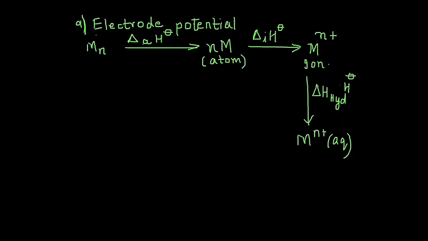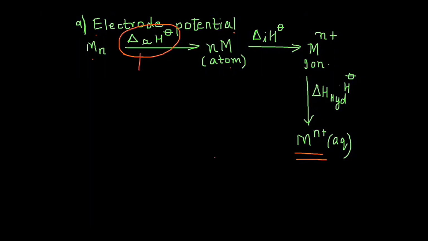When you talk about electrode potential, in the formation of the solvated ion, what are the steps that take place? The metal gets converted into the atomic state. Now this in some places is denoted as the enthalpy of atomization, right?